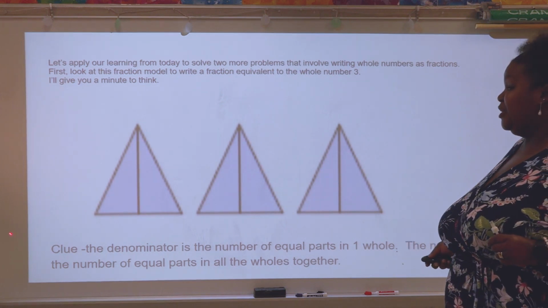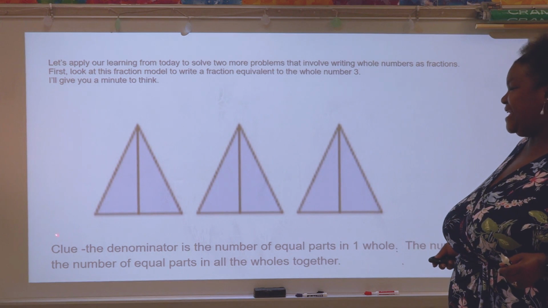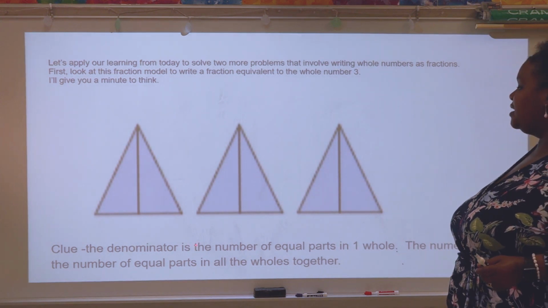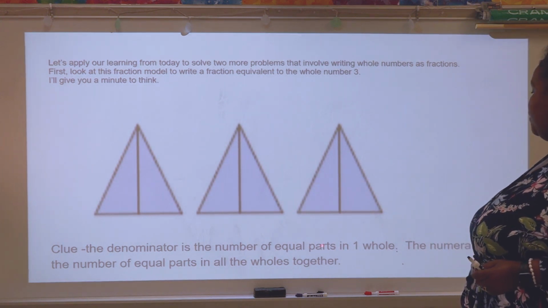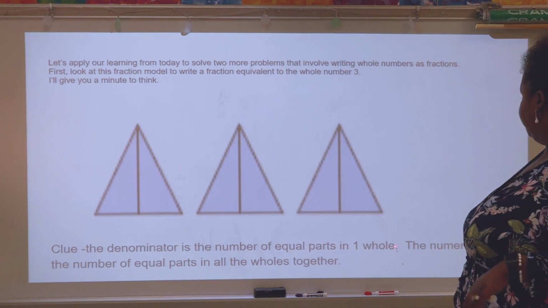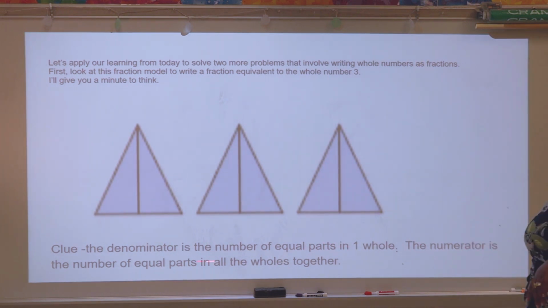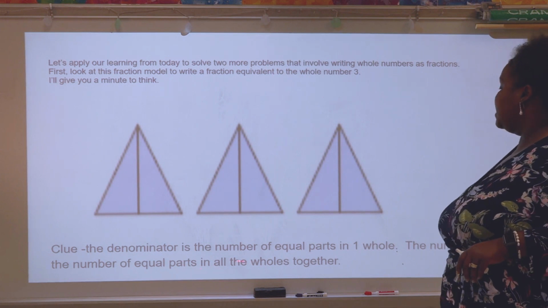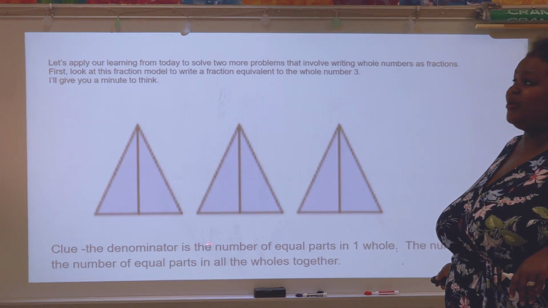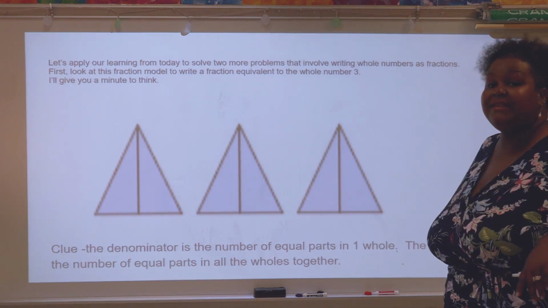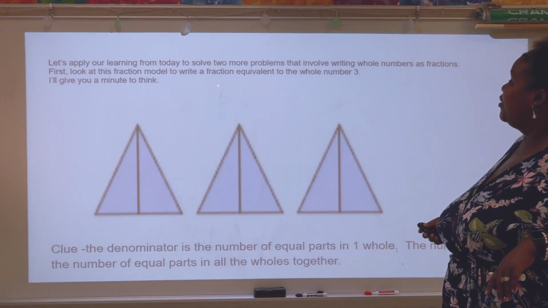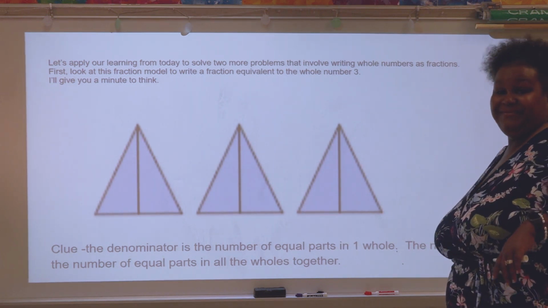Now I have a clue at the very bottom. It says clue. The denominator is the number of equal parts in one whole. The numerator is the number of equal parts in all the wholes together. So I'll give you 15 seconds to write your fraction.